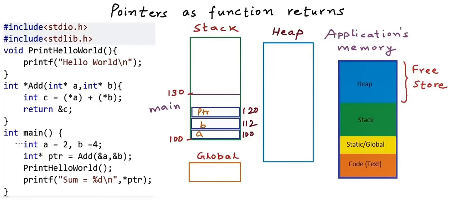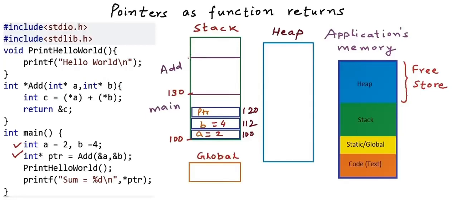Now when the main method comes to the line where it is calling the add function, its execution will pause, and memory will be allocated for the execution of add. At any time, whatever function is at the top of the stack is executing. Main will wait for the add function to complete and return. So here a is equal to 2, b is equal to 4, and now add comes here in the stack.